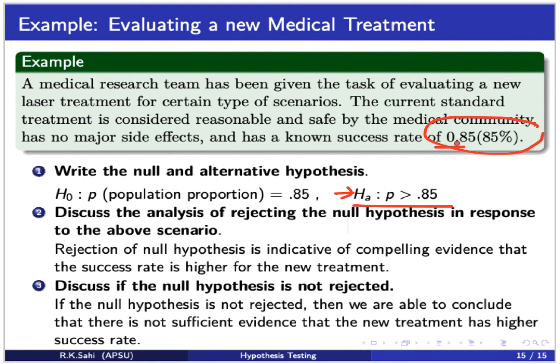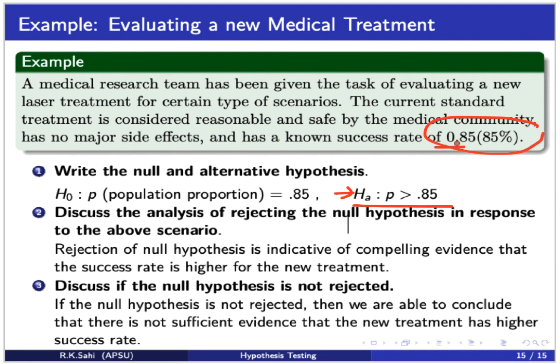Because if we say, oh, it's less than, then why would I spend a couple thousand dollars to get a new laser treatment when the old one is working perfectly? So you've got to be very careful writing down the alternative hypothesis. Specifically, read the problem, take your time, and then say, oh, this exactly fits the problem.